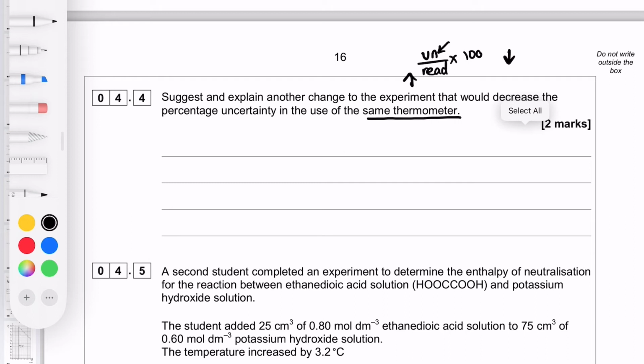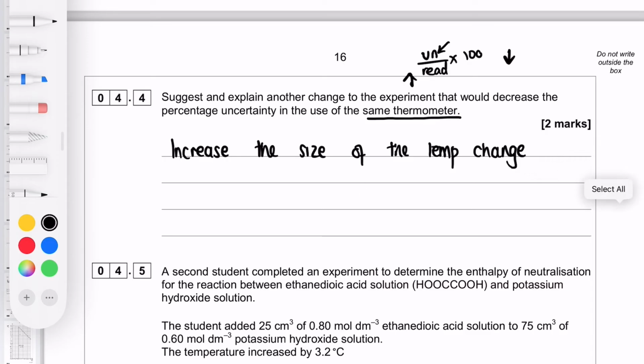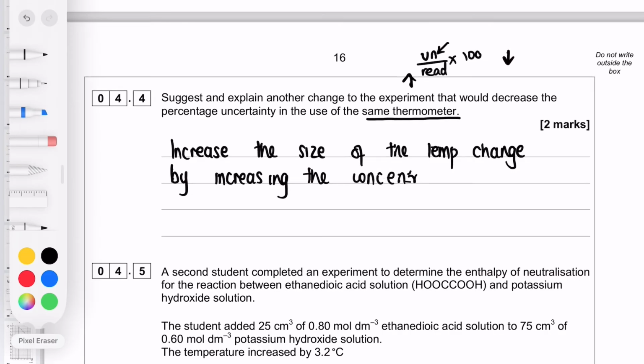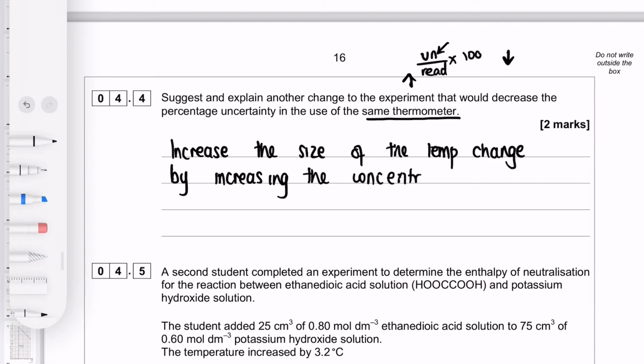So we want to increase the size of the temperature rise, the magnitude, and we do that by increasing the concentration of the acid and or the alkali. One, the other, both, it doesn't matter.